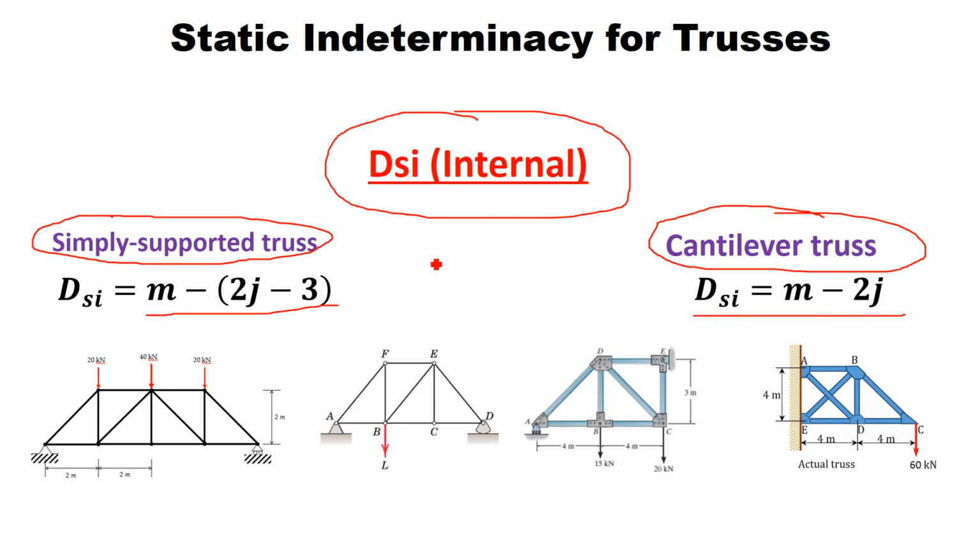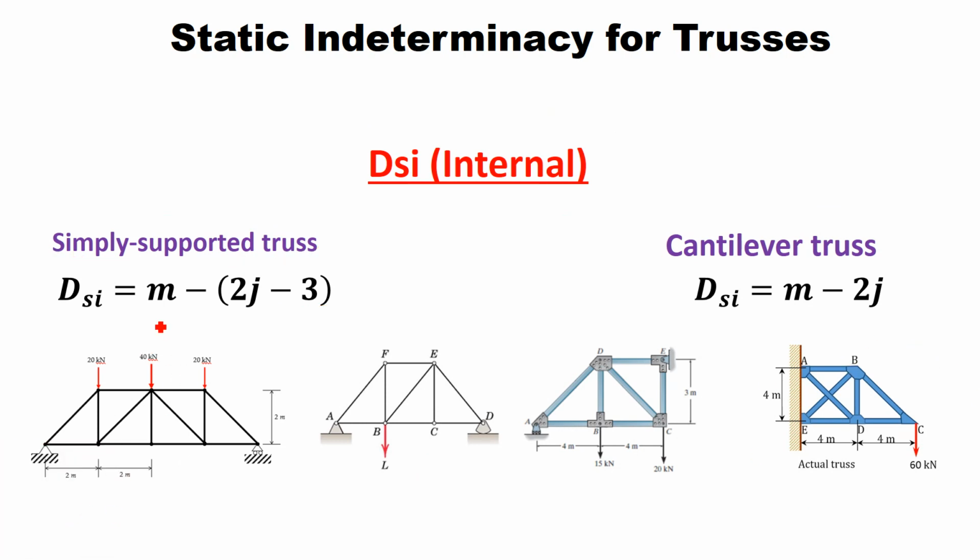Okay, so by using these two formulas we can find out the internal static indeterminacy of a truss. If you look at the examples, the first three trusses are simply supported, and the last truss is a cantilever. Now, if you want to calculate the static indeterminacy internally for the first truss, DSI equals the total number of members in the truss.